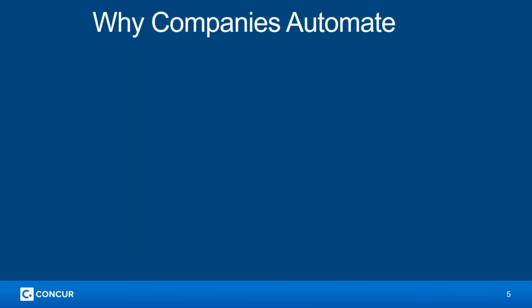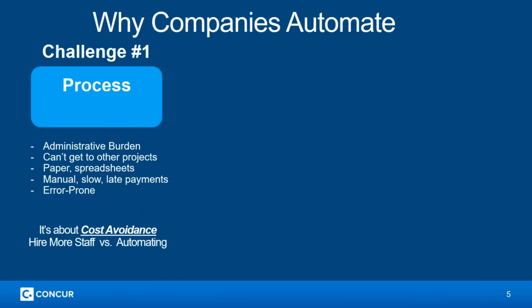When we look at our current customers, it really comes down to three different reasons why they've automated what they're doing. The first of those is around process. They feel the administrative burden, and they can't get to other processes. They're really buried in paper, where they're using spreadsheets today and employees are stapling receipts to those spreadsheets and turning them in, or literally boxes of receipts and paper invoices.